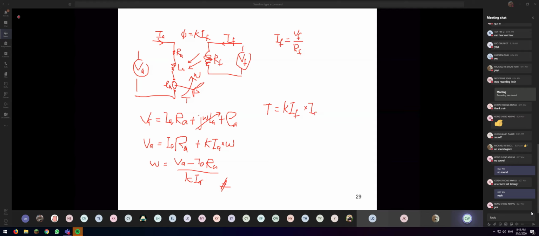That means I have better torque control compared to the permanent magnet DC motor just now. I can adjust the field current and also the armature current so that my motor can run at different torque capability.